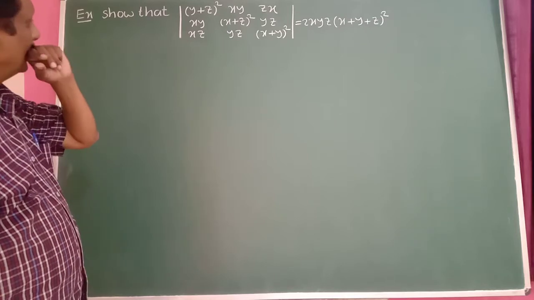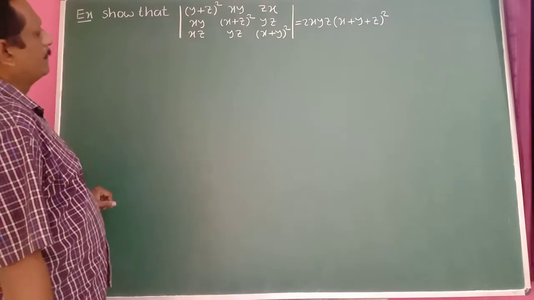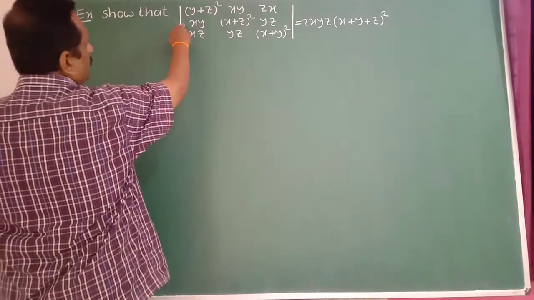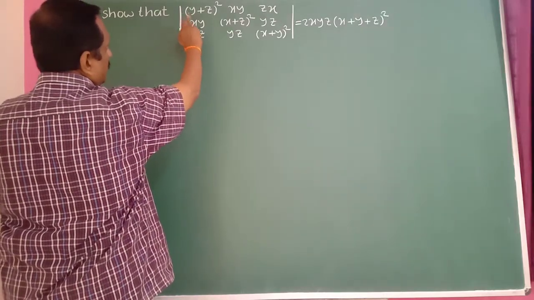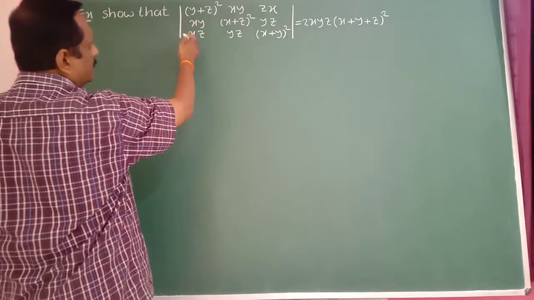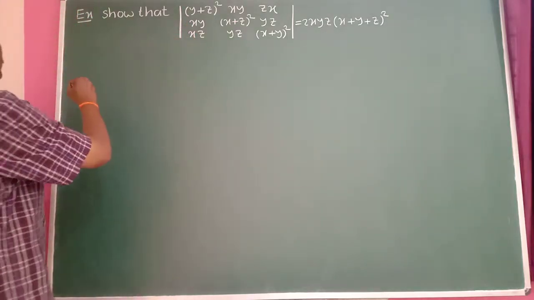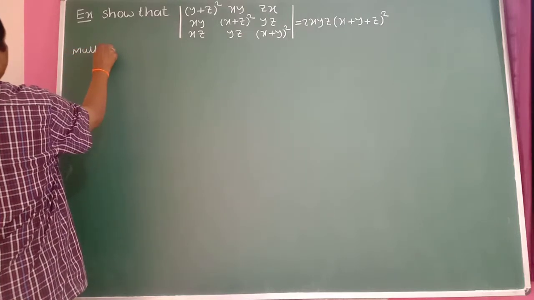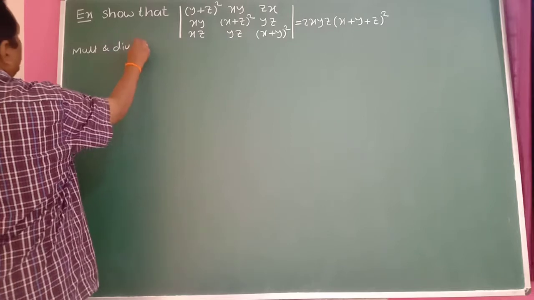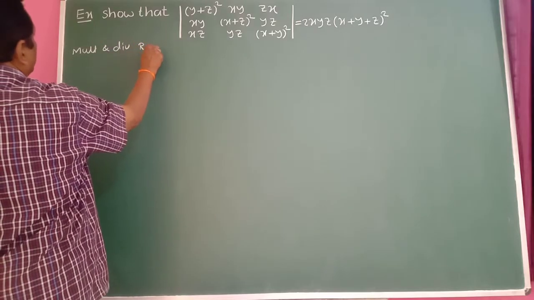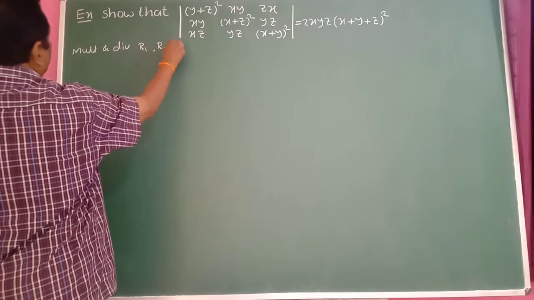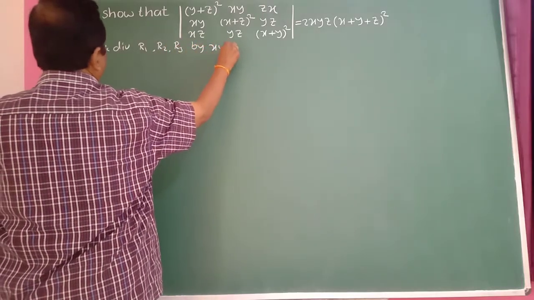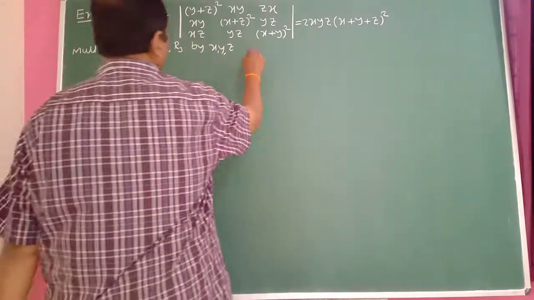In this case, multiply R1 by x, R2 by y and R3 by z, and divide by xyz. Meaning multiplying and dividing R1, R2, R3 by x, y, z respectively.